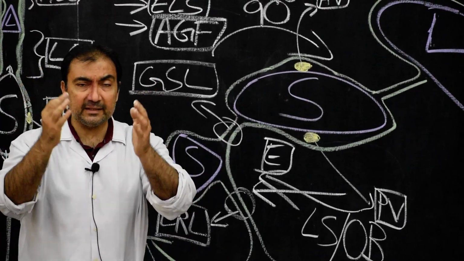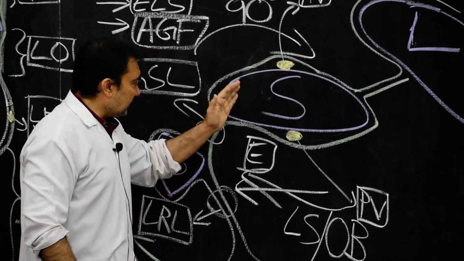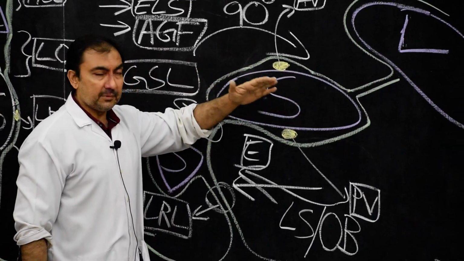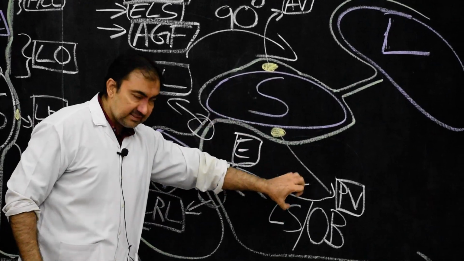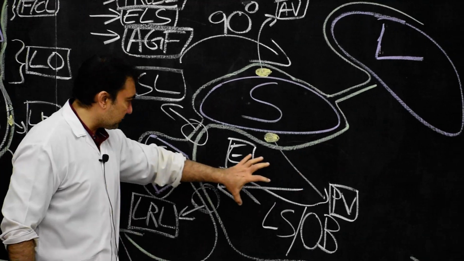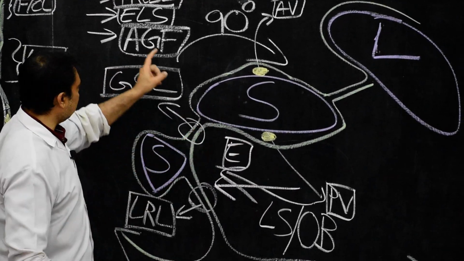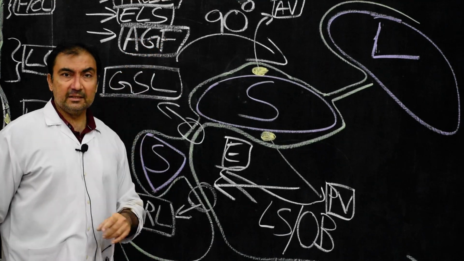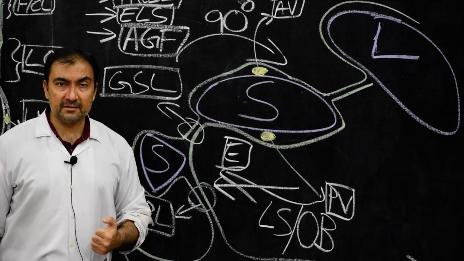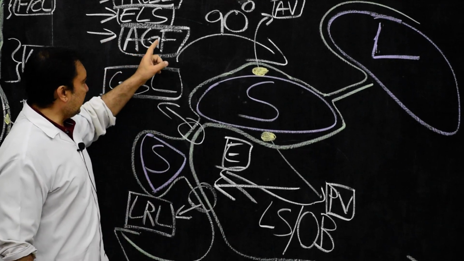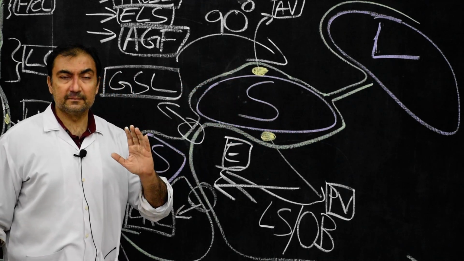Because of these active growth processes which are happening in the fetus, there will be 90 degrees rotation of the stomach to the right side, and because of that also the lesser sac, omental bursa cavity, will extend to the left, dorsal to the stomach. That is the third factor, active growth factors that are taking place in the embryo in the fetal stage. That is the third factor or third reason for 90 degrees rotation of the stomach on the right side.